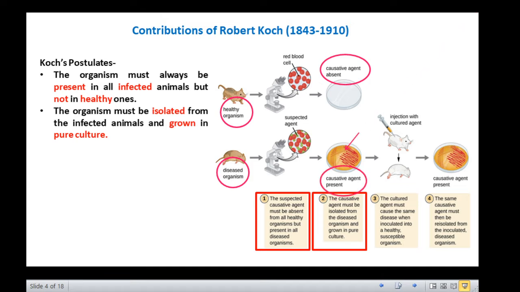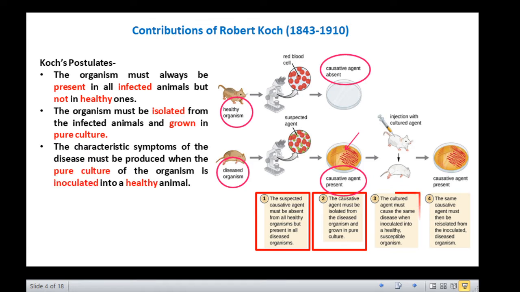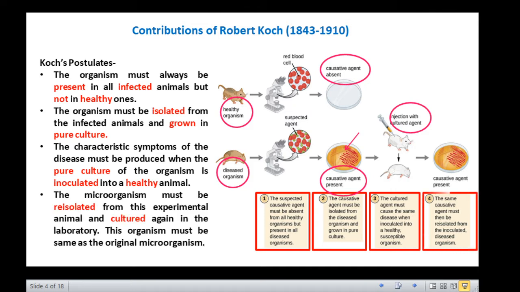pure culture. The third postulate states the characteristic symptoms of the disease must be produced when the pure culture of the organism is inoculated into a healthy animal. And the fourth postulate states the microorganism must be re-isolated from this experimental animal and cultured again in the laboratory.